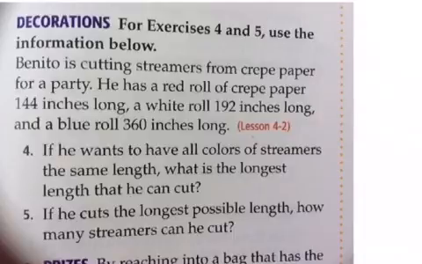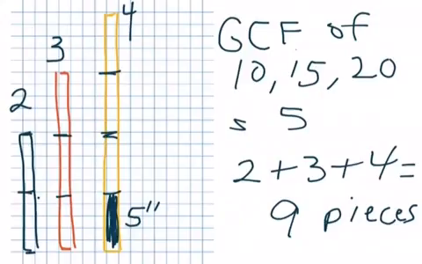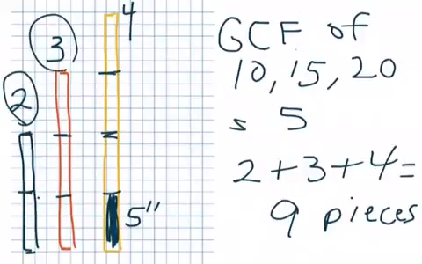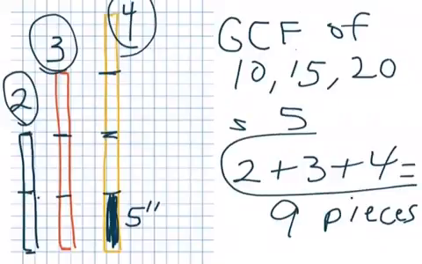The next half, problem 5, says if he cuts that longest possible length, that meant find your GCF and figure out what he's going to cut them into, how many streamers can he cut? Well, that is exactly like this problem right here, where once they were cut, we figured out how many pieces would be in each one. Once we know how many pieces were in each one, what did we do? We added them up.